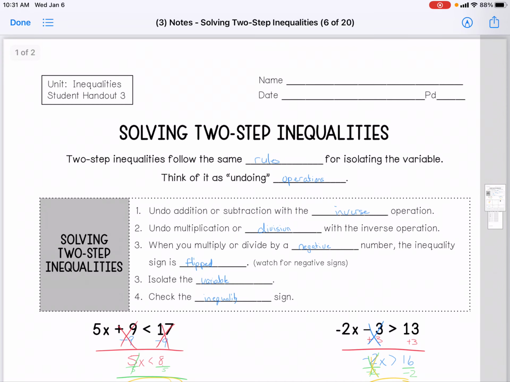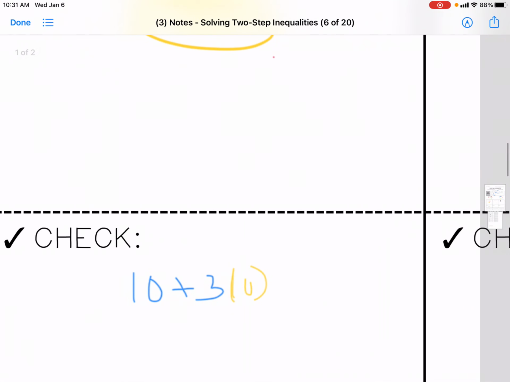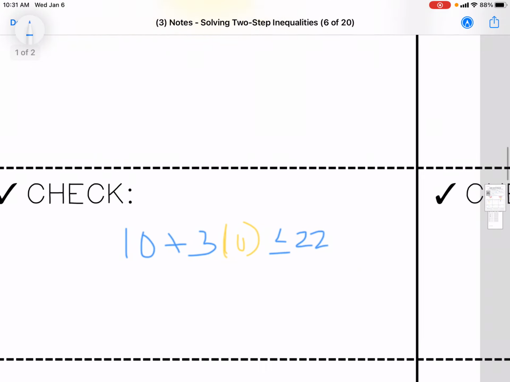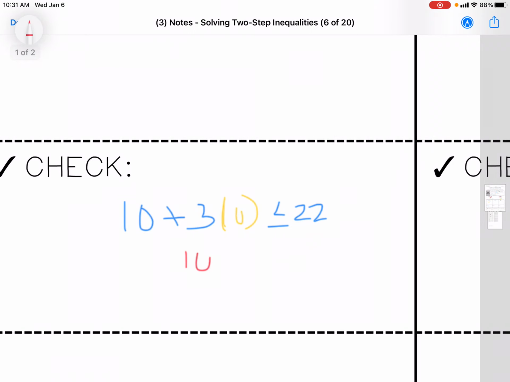Is that less than 22? Let's solve that. 3 times 0 is 0. 10 plus 0 is 10. Is 10 less than 22? Yes, so our answer checks out.